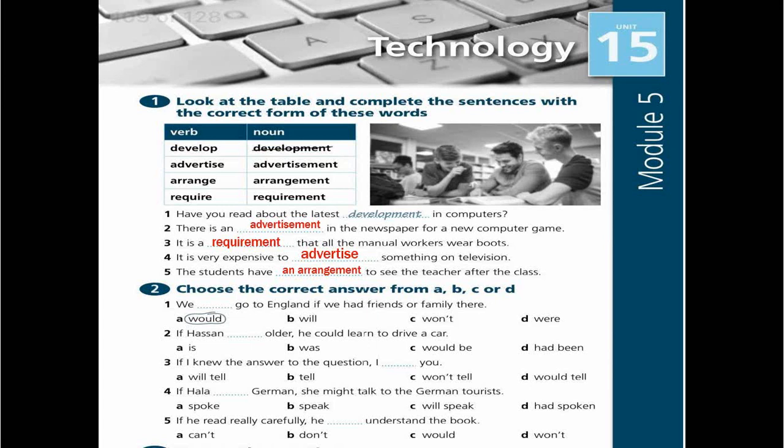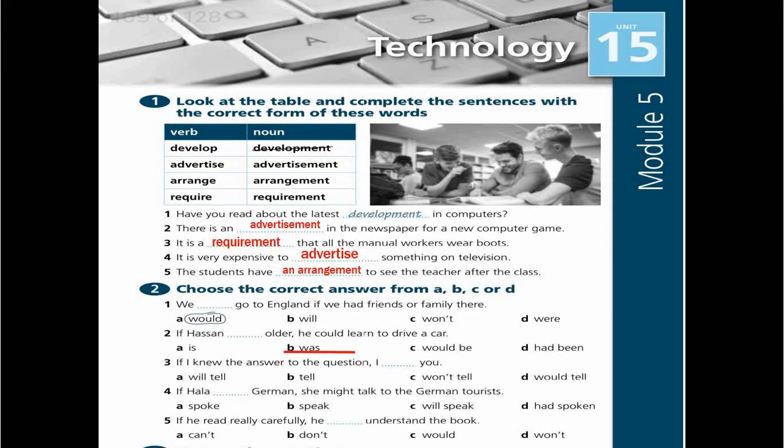So he could learn. Could plus infinitive, which is the second part of the rule of the second conditional. So we have to choose a verb in past simple. So if Hassan is, was, would be, or had been, the answer of course is was.